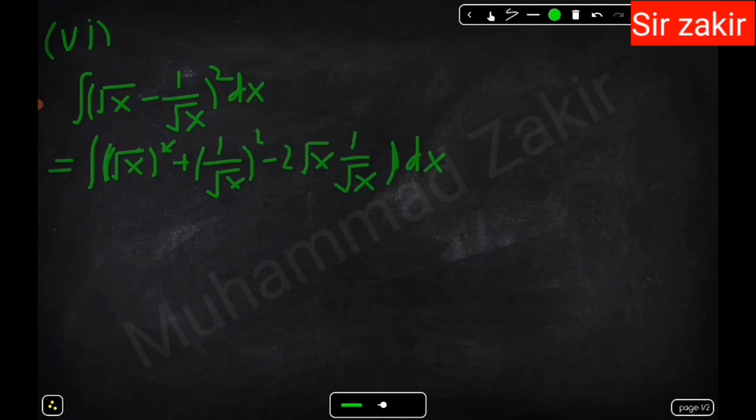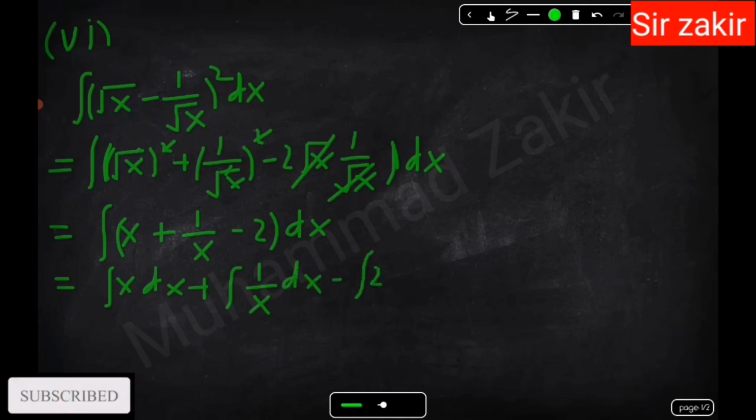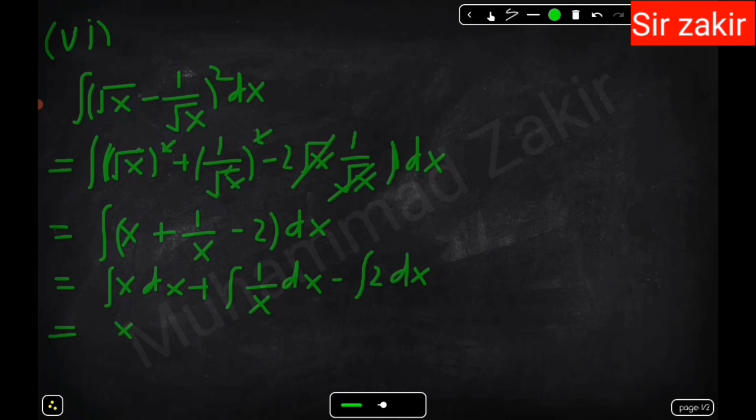So at both these places we have integration of x plus 1 by x plus 2. We write the integration sign separately: integration x dx plus integration 1 by x dx minus integration 2 dx. Then the integration of x is, we add 1 to the power of x, as the derivative 1 can be seen along with it as a product.